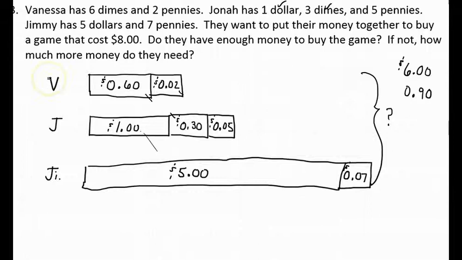And now let's add our 2 cents, our 5 cents, and our 7 cents. That would be 14 cents. And I'll just use the standard algorithm to add those. Let's see, we've got 4, 9 and 1 is 10. We have $7.04. Well, if the game costs $8, no, they do not have enough money.